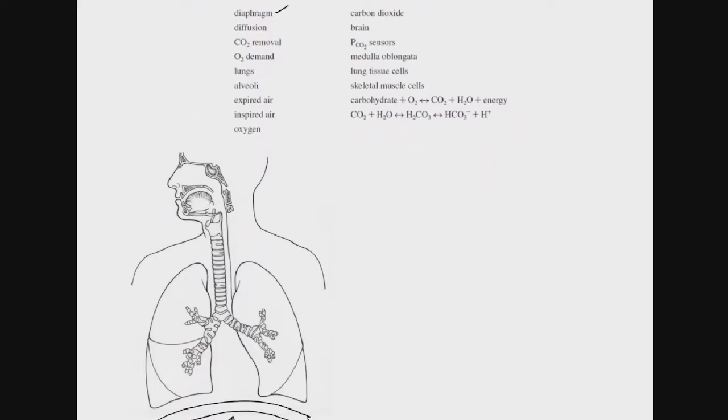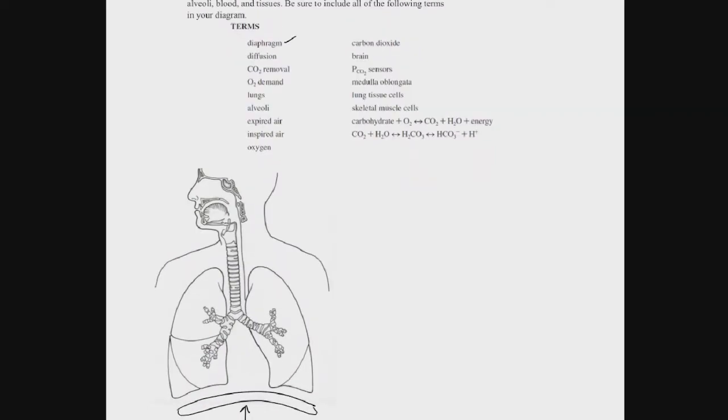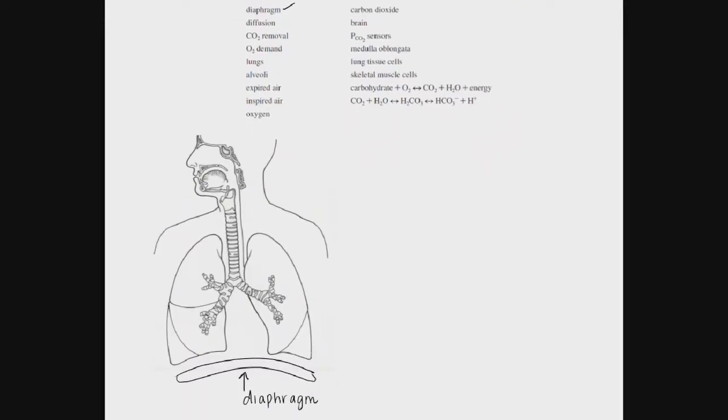In terms of diffusion, CO2 removal, demand, all that stuff, I'm going to be talking about that when I draw the flow of oxygen in and out. Oh, this is a lot of information on one photo. Sorry. Let me fix this. Okay.